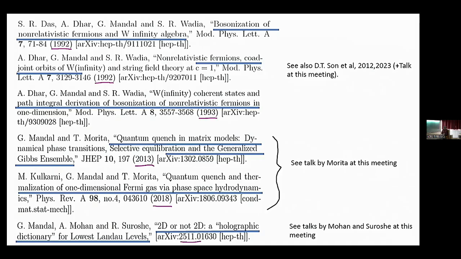And very recently, we have been working on the lowest Landau level problems in 2D and some generalizations of that, some bit of which was described by my students here, Ajay Mohan and Surashe, who are here. And I'll go to this quickly.